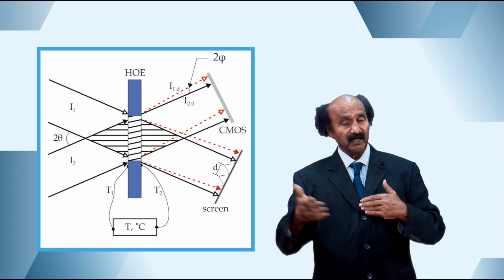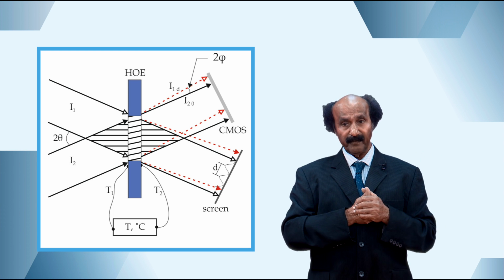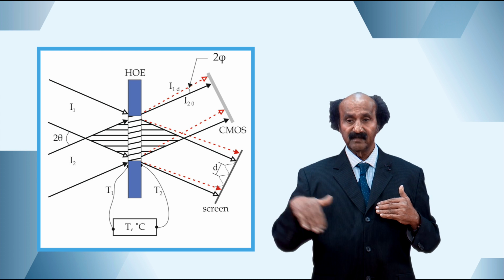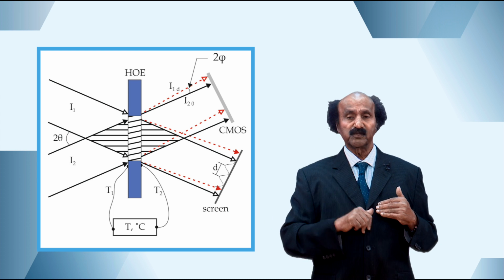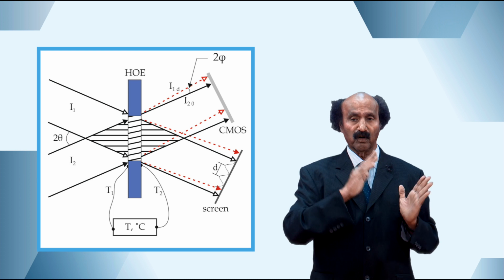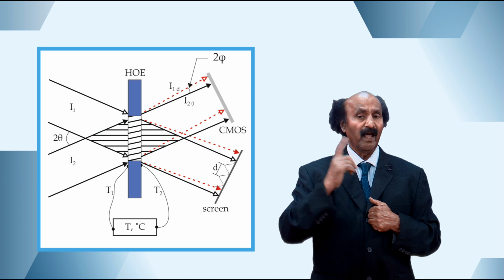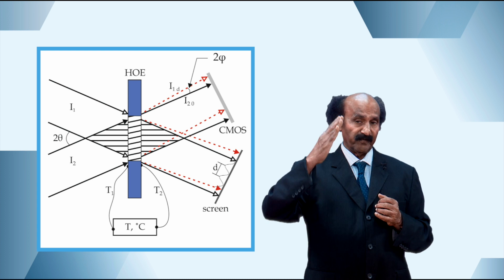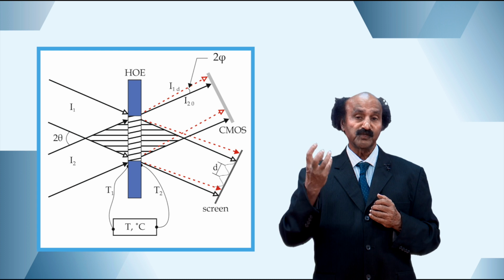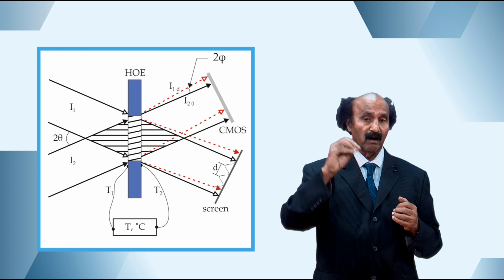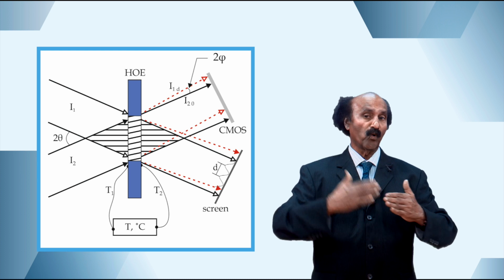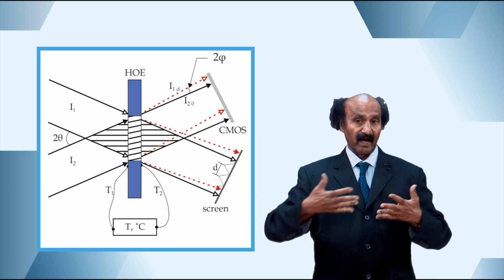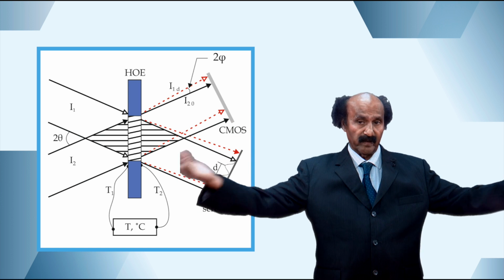And how do you use it? I have shown you the next slide. Take a holographic grating, put it there, send a laser beam, and you will get the +1 order, the -1 order, and the 0th order also will be there. If we have more and more holographic lines, most of the light will be in +1 or -1. You cannot have more orders. The fewer the lines, the more the orders, and the energy will be distributed everywhere.